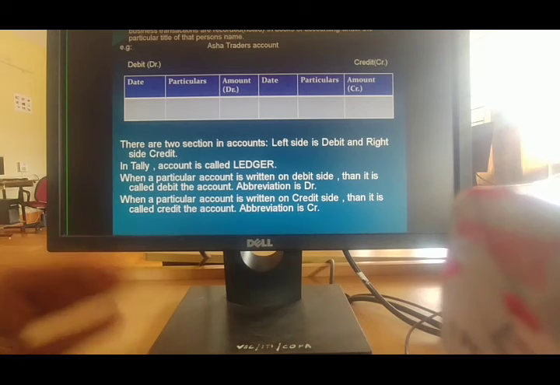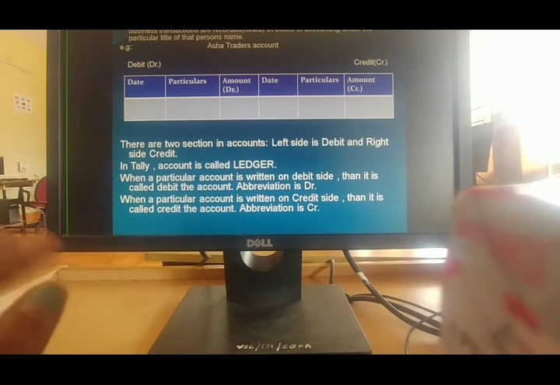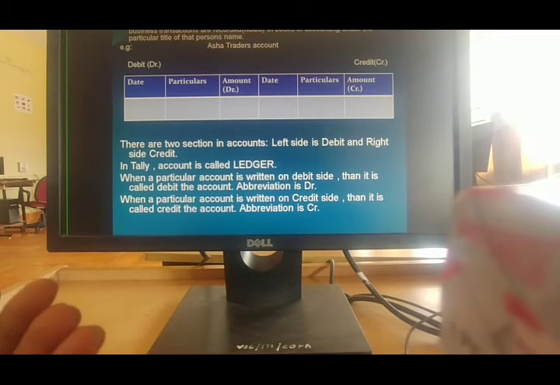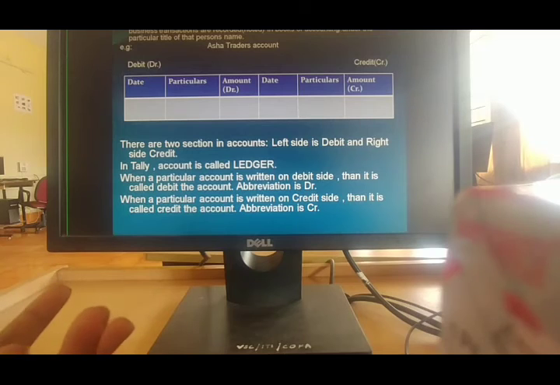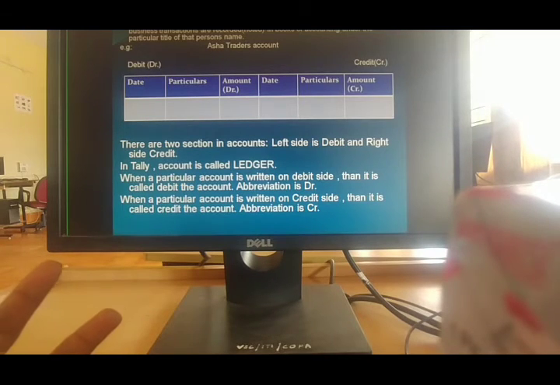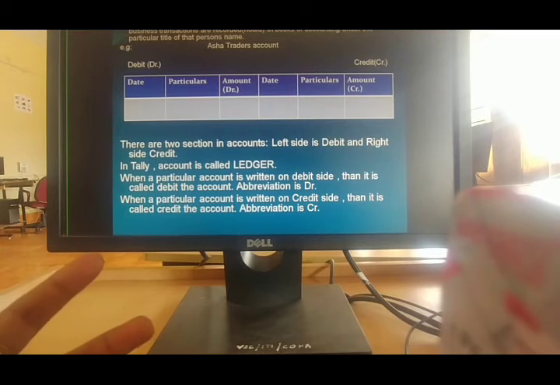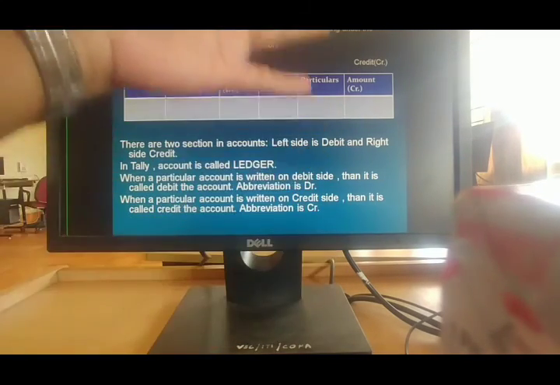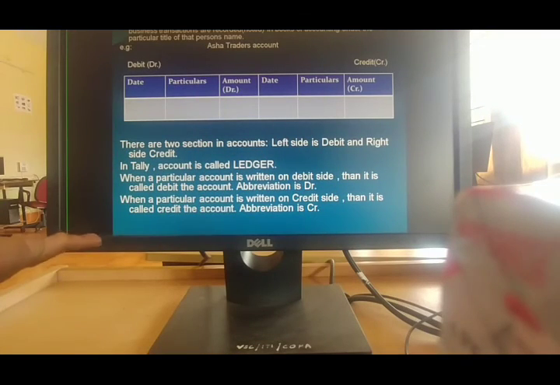Sometimes credit can be a profit, or sometimes credit can be a loss. So it changes based on the types, and there is no particular definition for it.